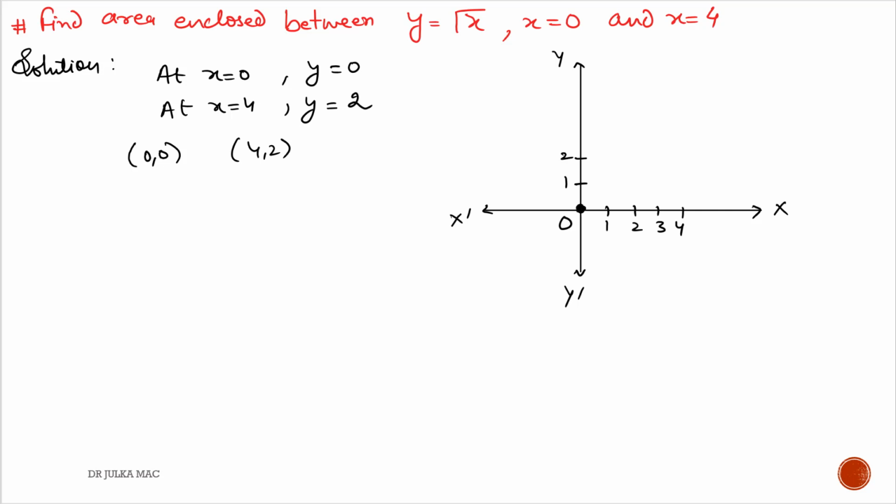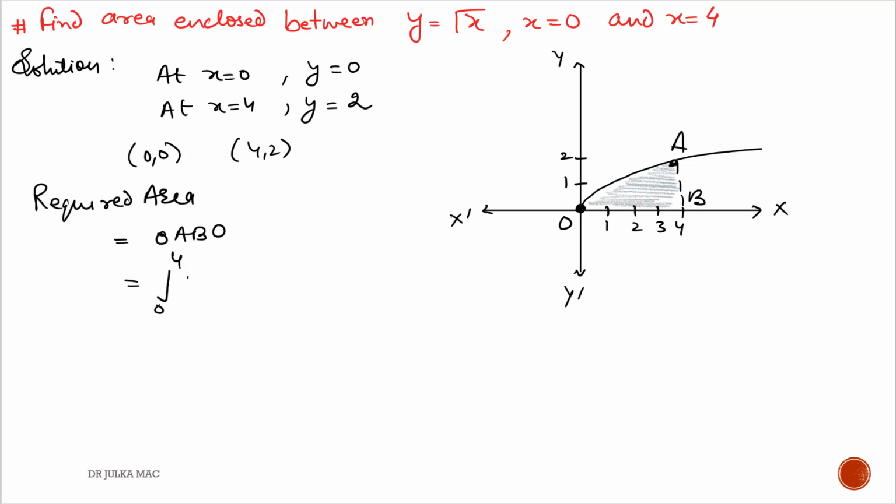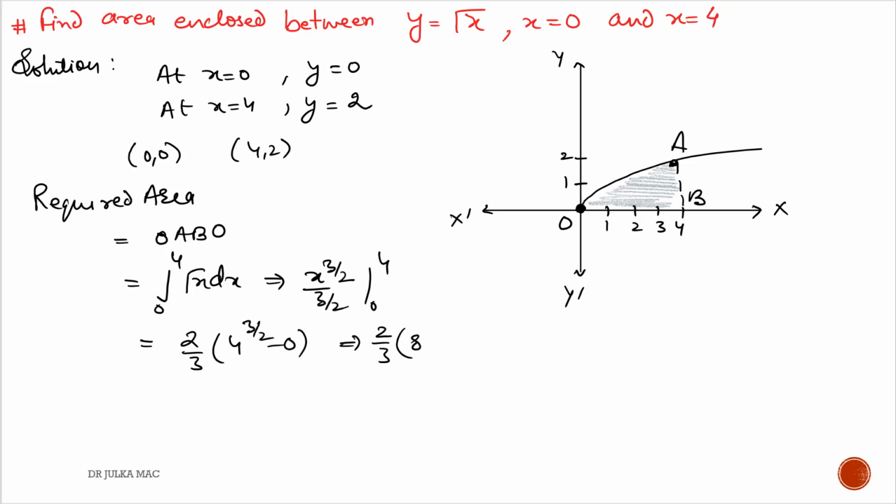Now by joining these 2 points, we'll get a semi-parabola, and the required area is OABO, which equals 0 to 4 root x dx. Now integration of root x is x to the power 3 by 2 upon 3 by 2, limit 0 to 4. After putting the upper and the lower limit, we will get the answer 16 by 3 square units.